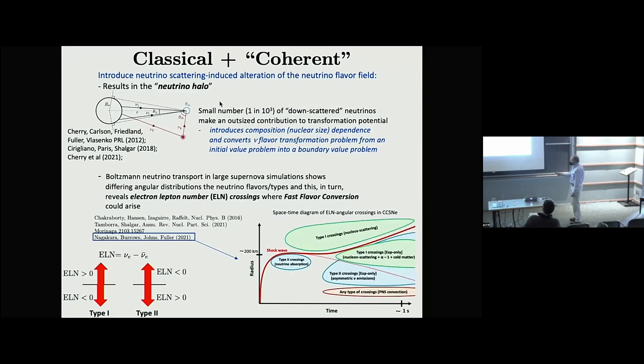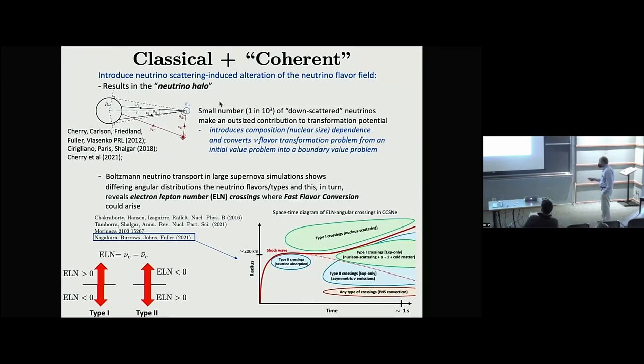And we can also leverage these classical Boltzmann calculations to look at electron-lepton number crossings where you're likely to get fast flavor conversions, for example. So here's a paper by Hiroki Nagakura and Luke Johns and Burrows looking at that. There are several different kinds of electron-lepton number crossings.